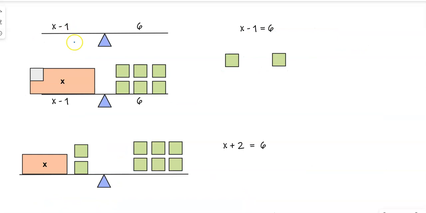Here, for example, on one side of the equation we have x minus 1, and that equals 6. So we have the equation x minus 1 equals 6. How do we solve this equation?